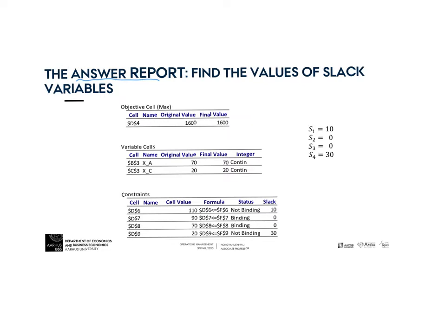In the answer report, we can easily find the value of the slack variables in the last column of the constraints table. In department 1, you have extra hours left. For the product Cosmo, you have extra capacity, 30 units left. That's how you can find the extra values.